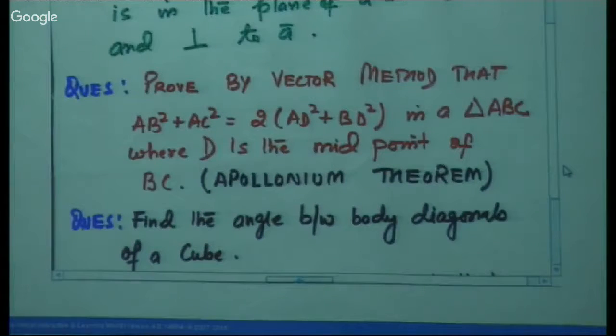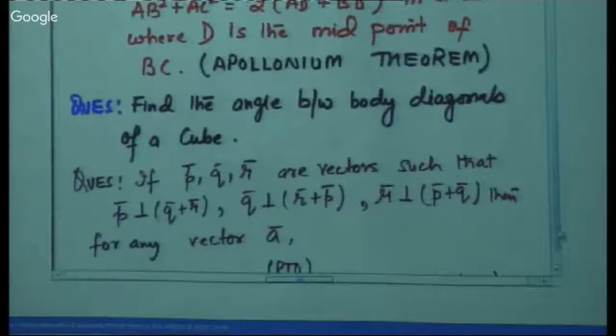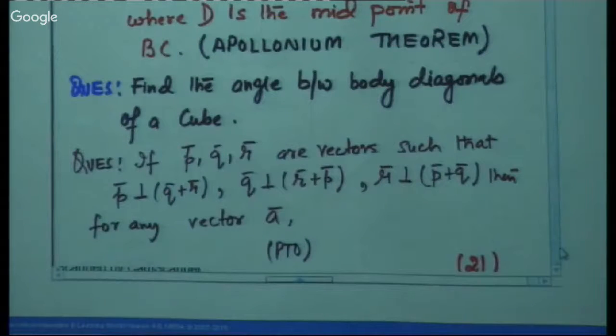So now I have the next theorem. We call it Apollonius theorem. Have you read this theorem? Very good. So you have a triangle and then you draw a median. You would have proved it in class 10th, I am sure.